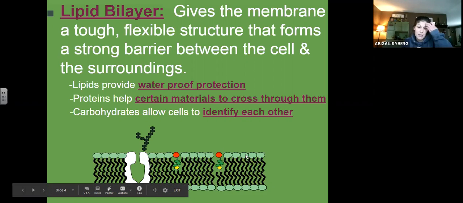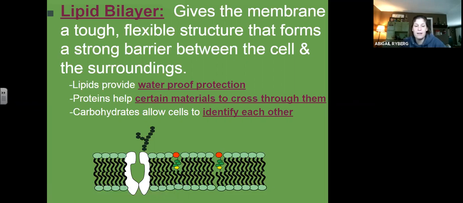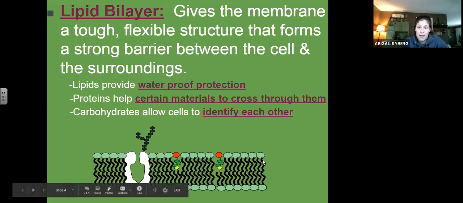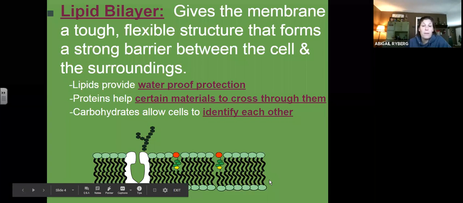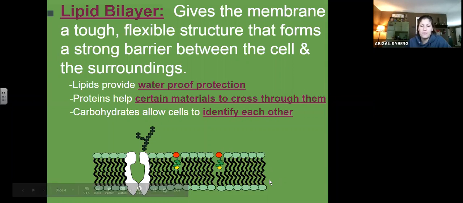Looking at this diagram down here, the lipids are these structures that kind of look like a sperm. They're typically thought of as having two tails each. So here's one lipid, and here's one layer of the lipids, and then a second layer of the lipids. And that's why we call it the bilayer. So there's two layers of the lipids there.